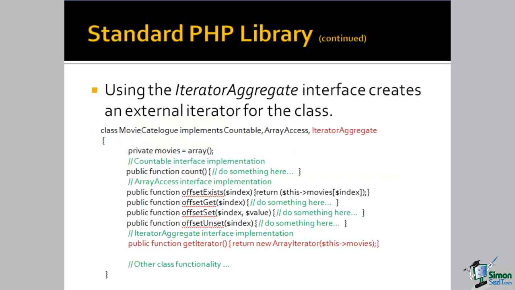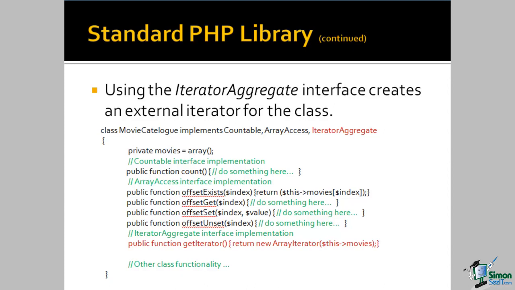There's another iterator interface called IteratorAggregate that creates an external iterator for our class. So in our case, the movie catalog, which already implements countable and array access, is now also going to implement the IteratorAggregate interface. What this interface requires is the definition of a function getIterator.